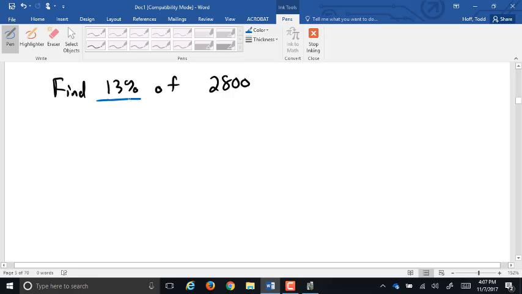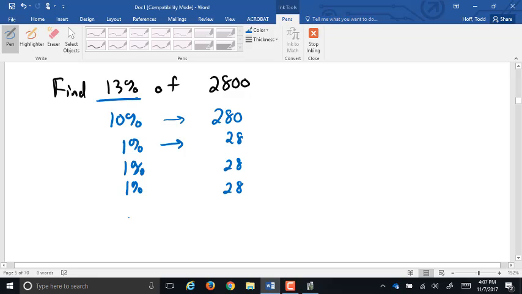Well, 13% here, I'm going to break it down as 10%, 1%, 1%, and 1%. That adds up to 13%. 10% of 2,800 is 280. 1% is 28. If I add those all up, 364, that is 13% of 2,800.